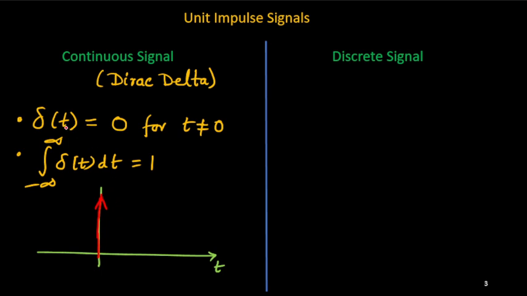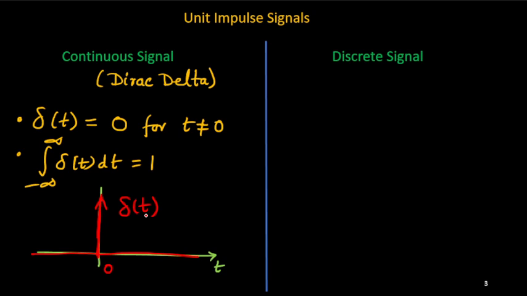So at t equal to 0, its amplitude is infinite. That's how we put an arrow on this y-axis, and except this one, this side is 0, this side also it is 0. We put an arrow at t equal to 0, which indicates it is del of t.